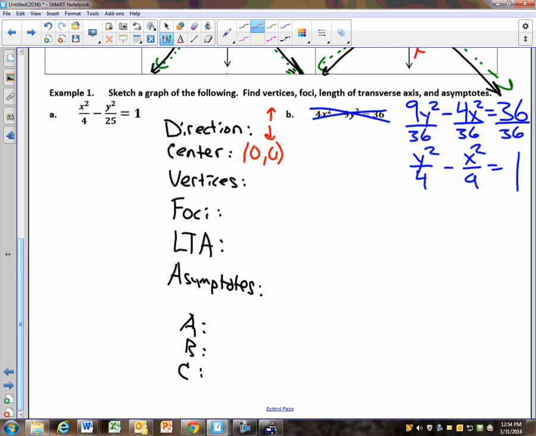Vertices. Ooh, how'd you get that? Very good. Caitlin goes through. She says A is going to be 2. B is going to be 3. C will be the root of 13. Time to make my shape.